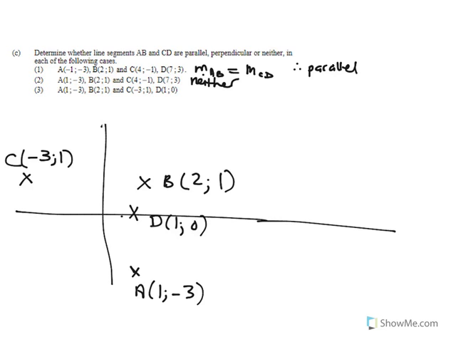Right, and so you could plow ahead and figure out the gradient of this line and the gradient of this line. But what you will observe is that the y coordinates of these two are the same, so this is a horizontal line, and the x coordinates of this one are the same, so this is a vertical line.